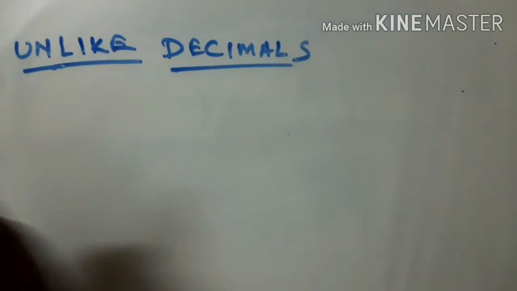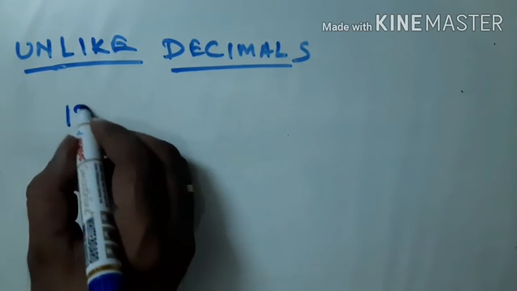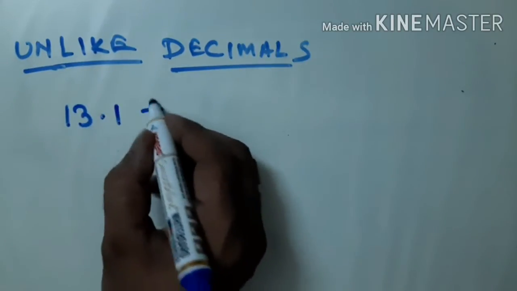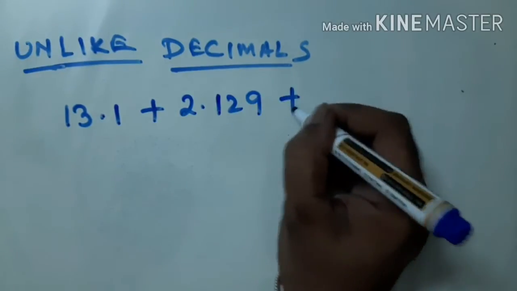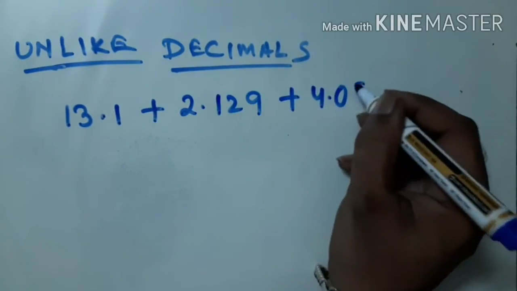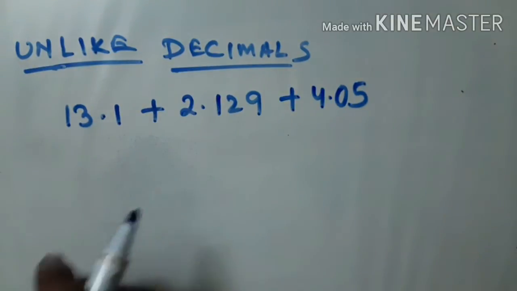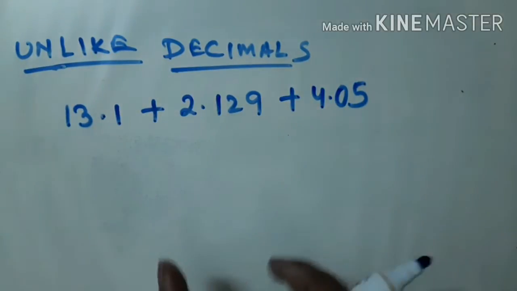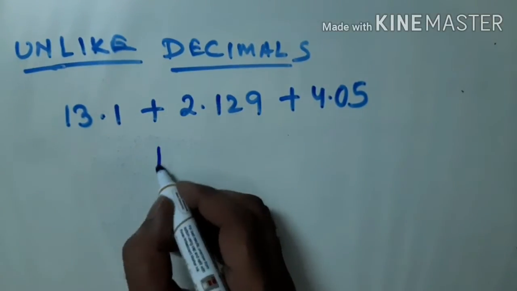Let's take one more. Suppose 13.1 plus 2.129 and 4.05. Now here either we can convert to like decimals or else we can do it by the column method also.